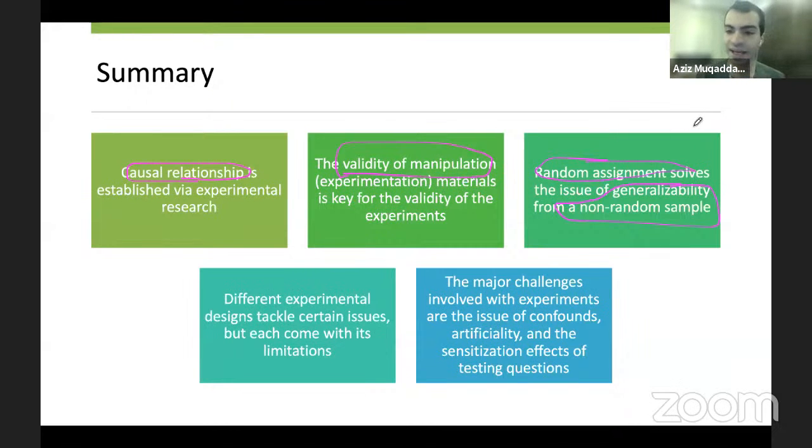And then each issue you want to tackle, the limitations we talked about, would affect other limitations. That's what I mean by different experimental designs tackle certain issues, but then come with limitations. So if you imagine video games, you want to have as much control as possible over confound variables. But if you try to control all external variables, you're actually limiting ecological validity.